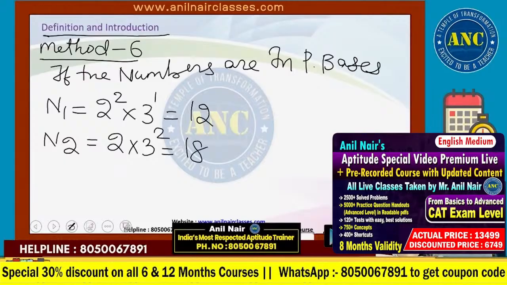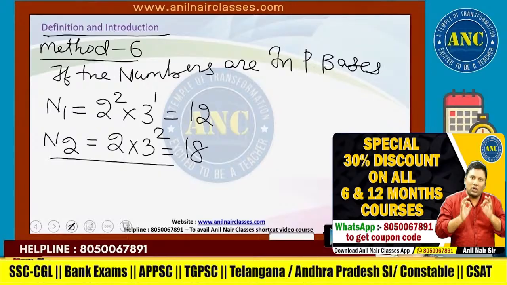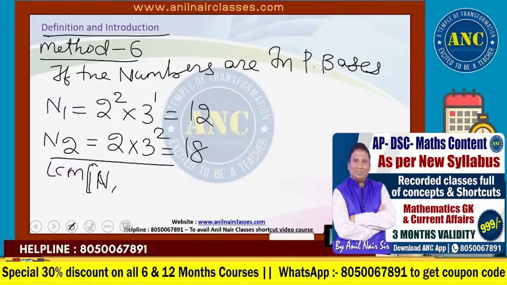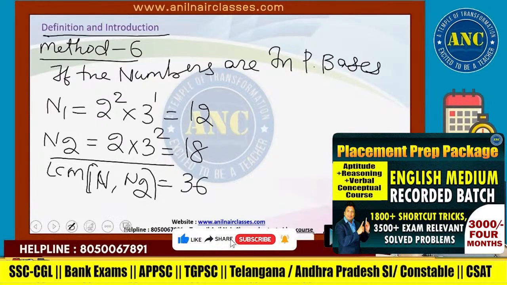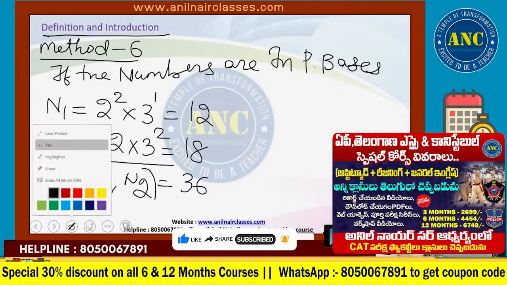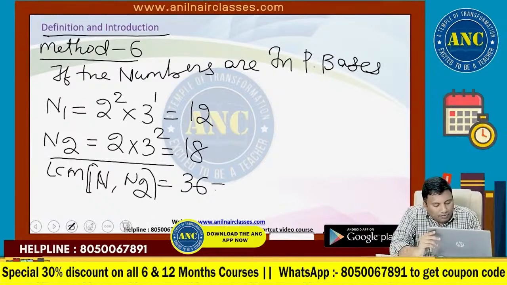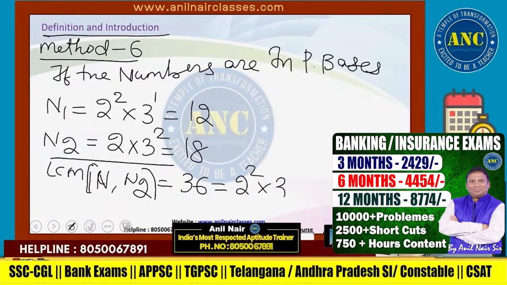If the numbers are written in prime powers, LCM of N1 and N2 is 36. What is 36 here? 36 is 2 square into 3 square.